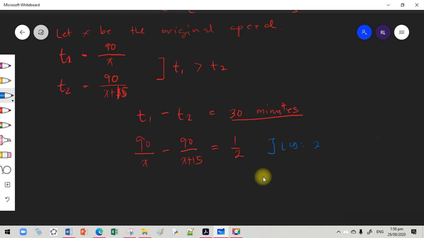LCD is just 2x times x plus 15. So if you're going to multiply this by 2x times x plus 15, this one, so that will become 2x will be divided, so 2x, 15 times 90, minus, if you're going to multiply the second one with this LCD, we'll get 2x times 90.